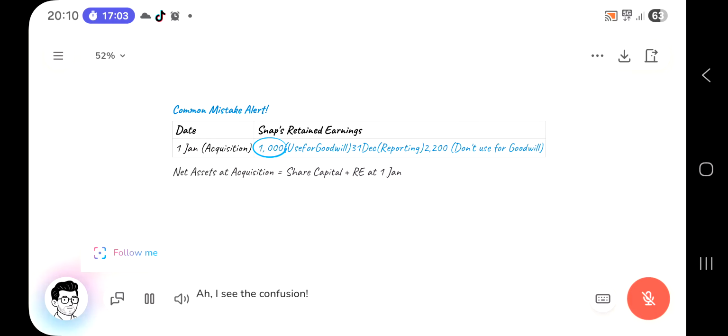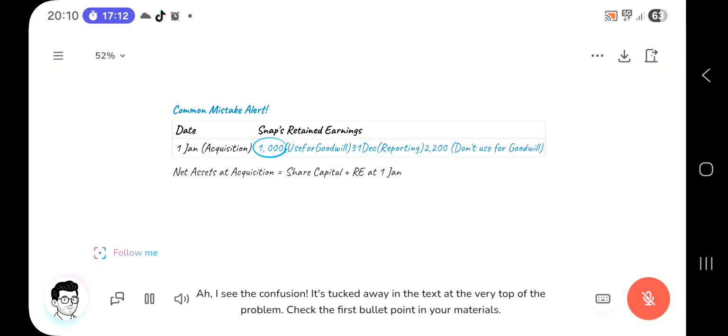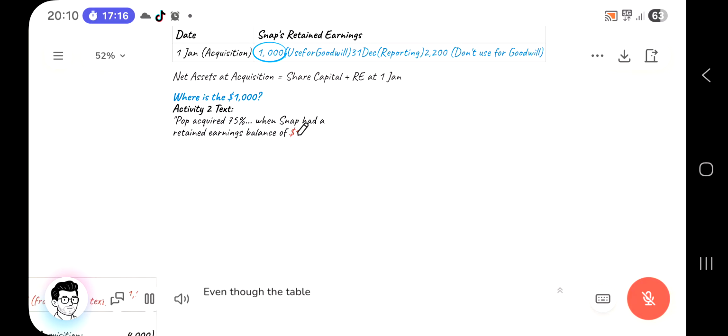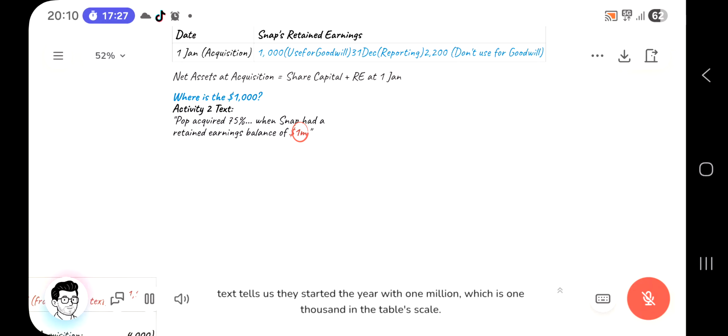I see the confusion. It's tucked away in the text at the very top of the problem. Check the first bullet point in your materials. Even though the table at the bottom shows 2,200, the text tells us they started the year with 1 million, which is 1,000 in the table scale.